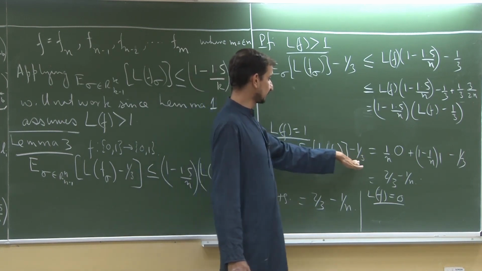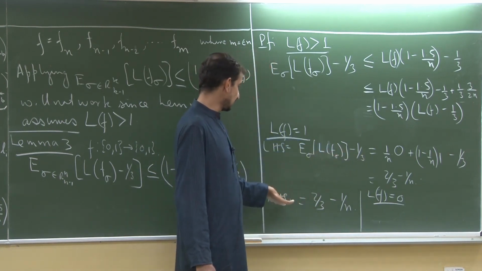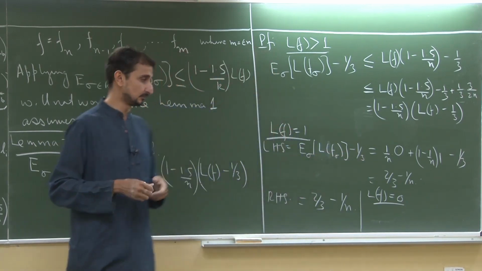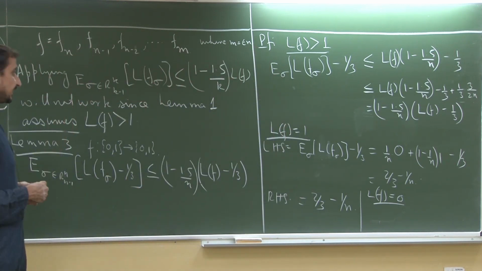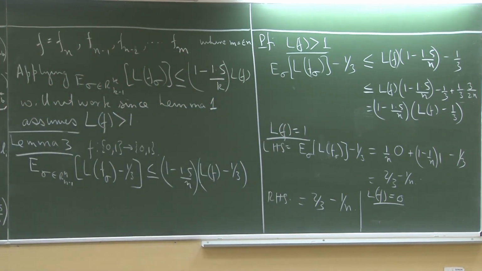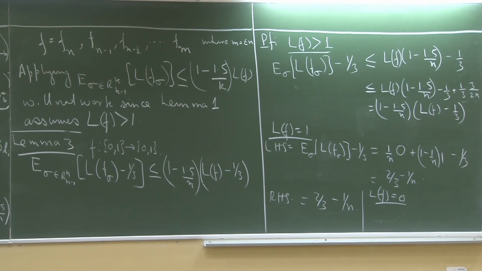So, this is 0 minus 1/3, so LHS is minus 1/3, and RHS will be something between minus 1/3 and 0. So, RHS is greater than LHS. Okay. So, that completes the proof of lemma 3.